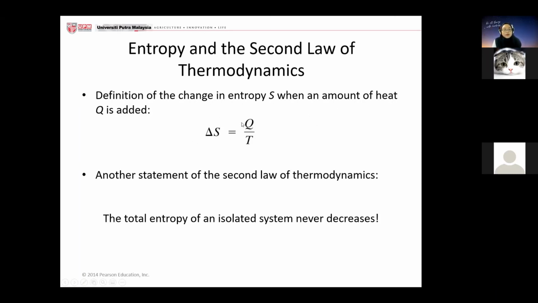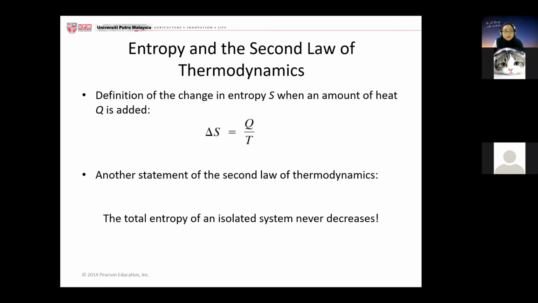When you know what is Q, the amount of heat added to the system, and you know the temperature T, notice that T is down here. If you want to relate that to what I said before about efficiency, remember efficiency is never 100%.